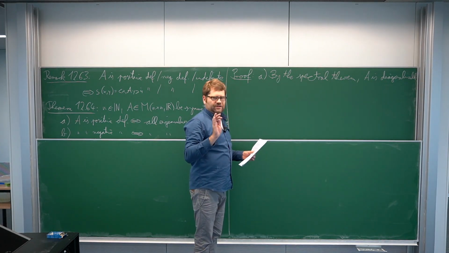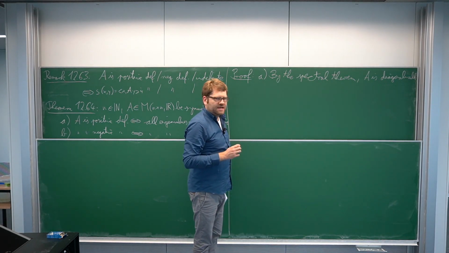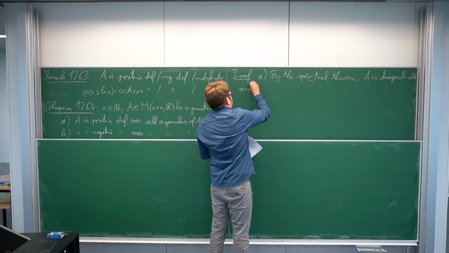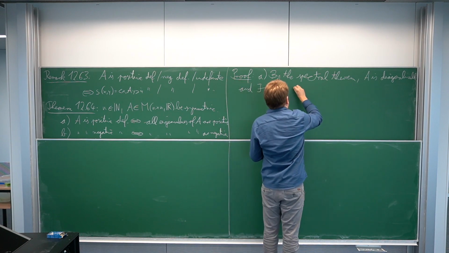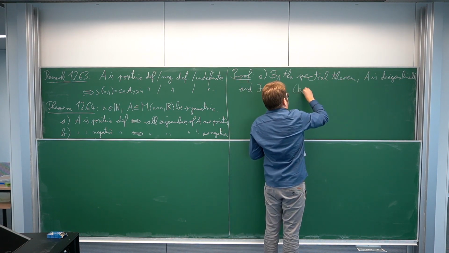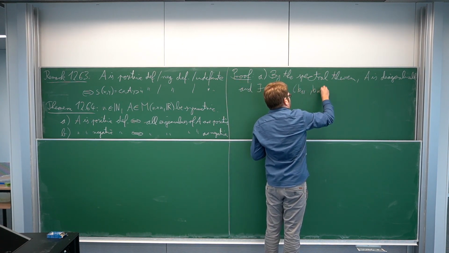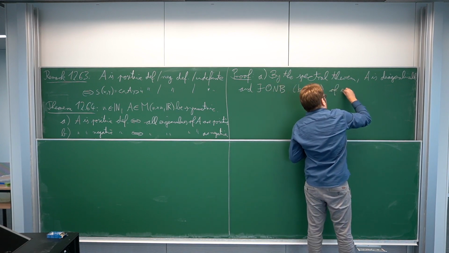Okay, sorry, that's a mistake. A is diagonalizable, and there exists an orthonormal basis b1 to bn of Rn consisting of eigenvectors.